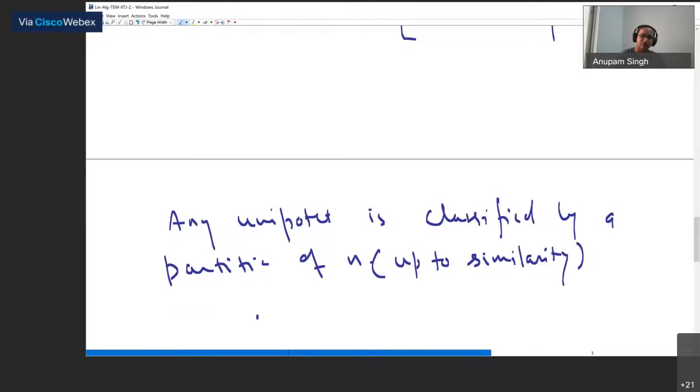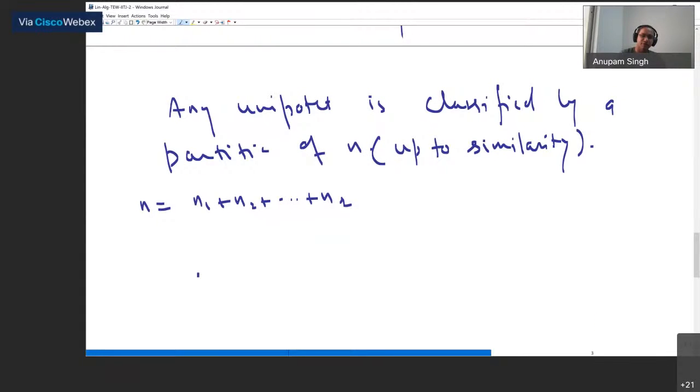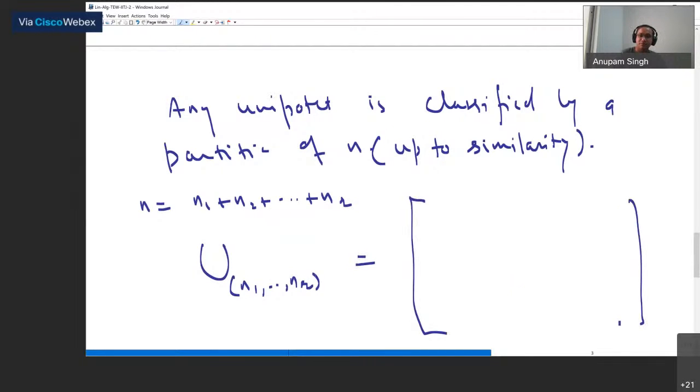Right. So if I have a partition n1 plus n2 plus up to nr, a partition of n, then the corresponding nice representative of that class would be, I will again use a similar kind of notation, block matrices.